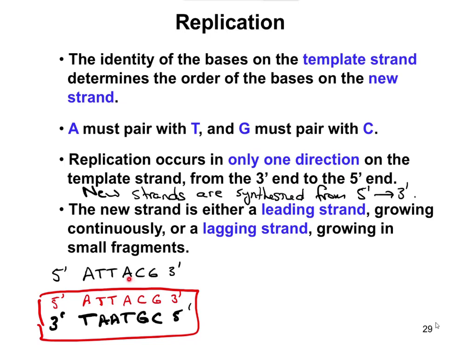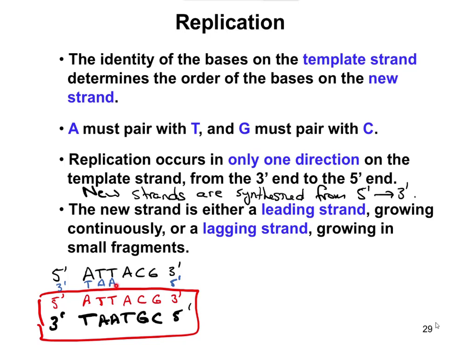So what happens with your DNA is it becomes partially unwound. So imagine that half of this molecule was unwound. So the A and the T were unwound, but the ACG was still all kind of together in the double helix. So what happens is it gets partially unwound, and it actually gets synthesized in this direction, A, T, because that would be growing in a 5' to 3' direction, right?